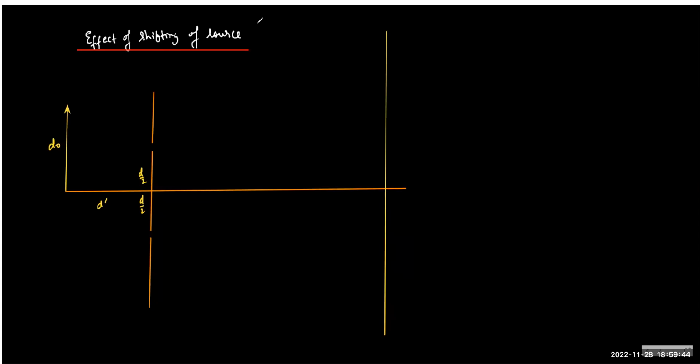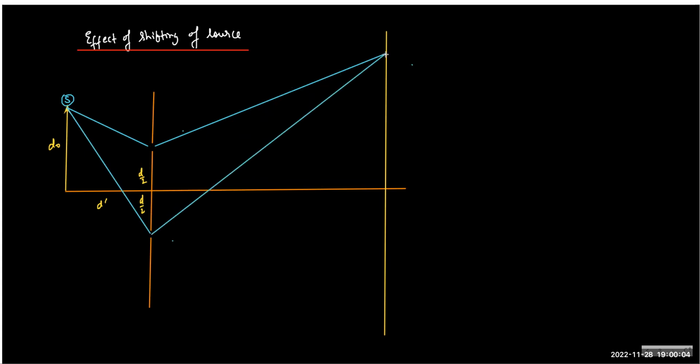The light now source is here, so the way light will travel is S1. And we always take the point P above. You can take anywhere, but this is a very convenient assumption so that we can do the derivation with ease. So we always construct the path like this.